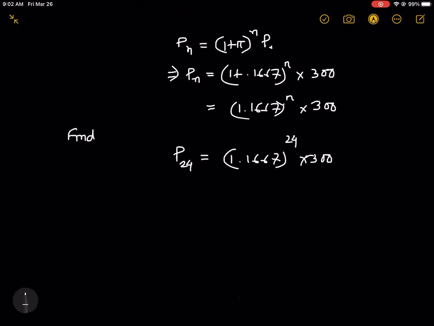Our time duration is given in hours, right? It's not really given in days or in months or in years. We know this R, whatever the percentage is, is actually per hour.